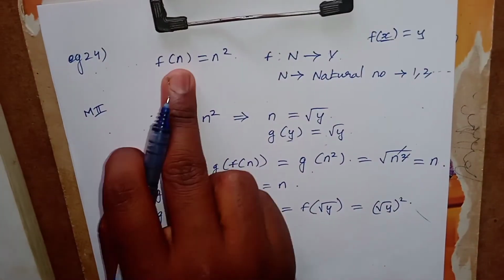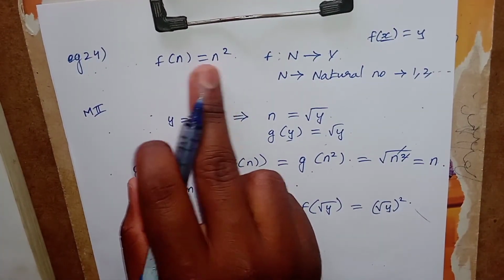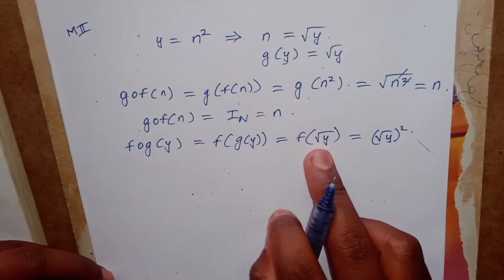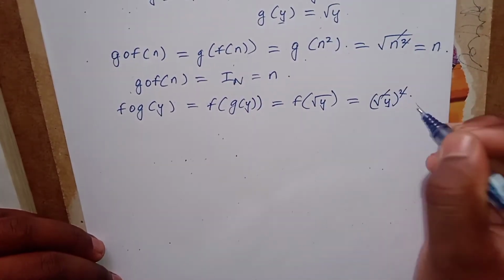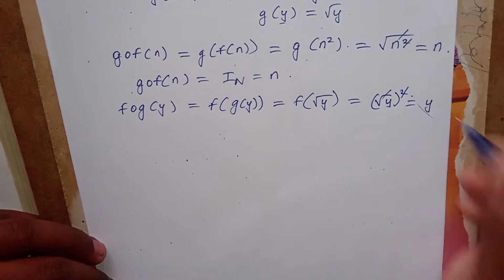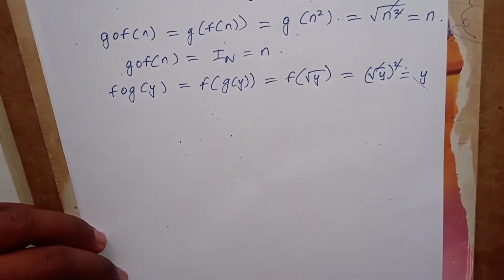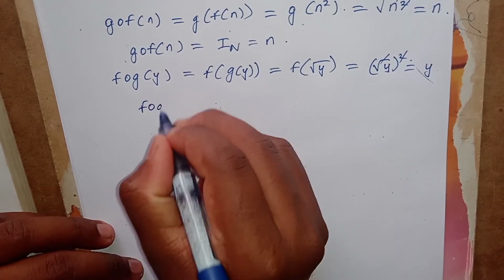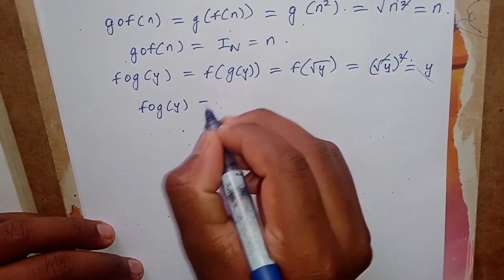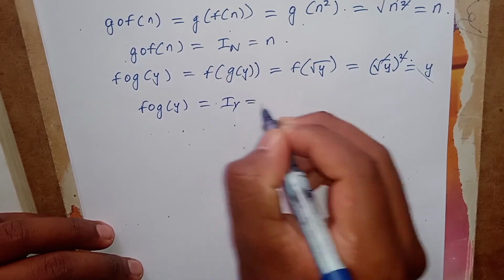Here f of n is equal to n square, therefore root y the whole square, therefore squared and root cancel each other, therefore it is y. Here f naught g of y is equal to I_Y, equal to y.